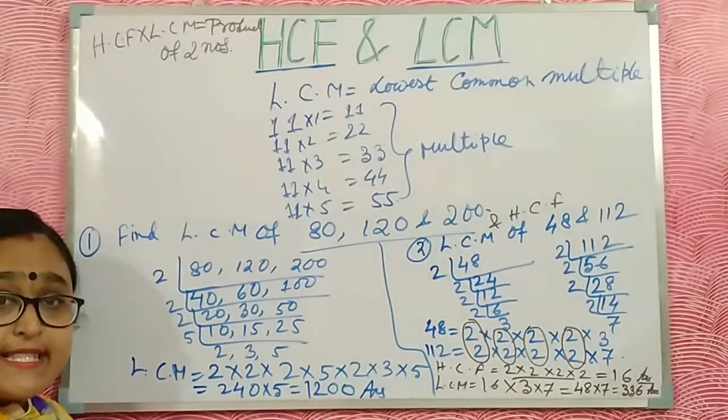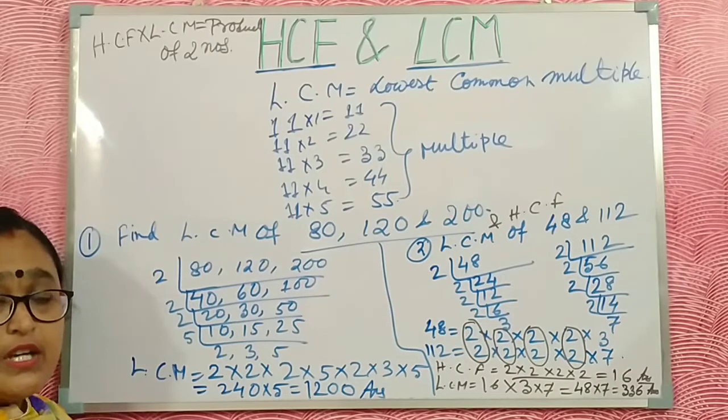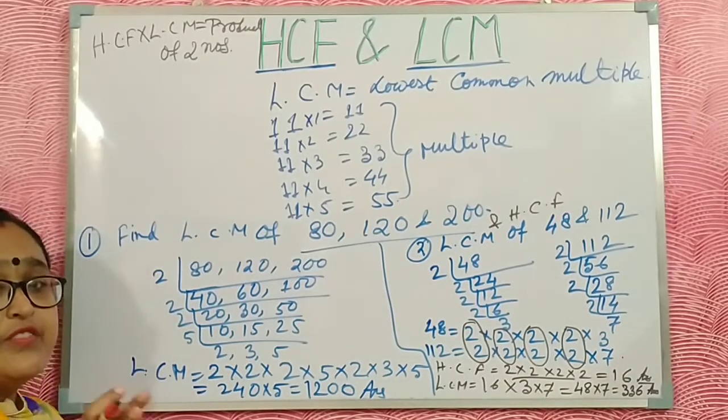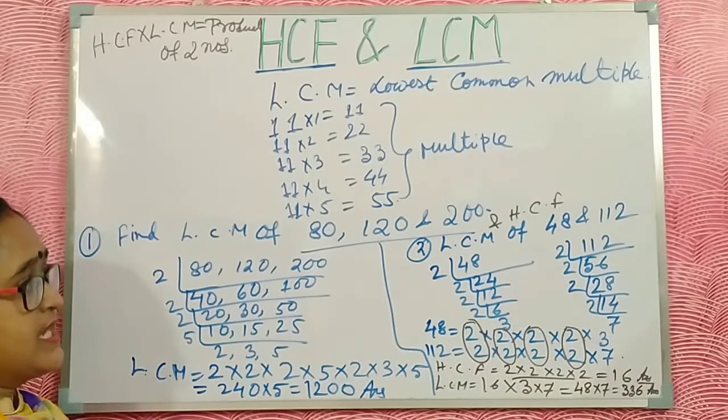LCM into HCF is equal to the product of two numbers. Then when the numbers are given, you find the LCM and HCF. This is the formula: LCM into HCF is equal to the product of two numbers.